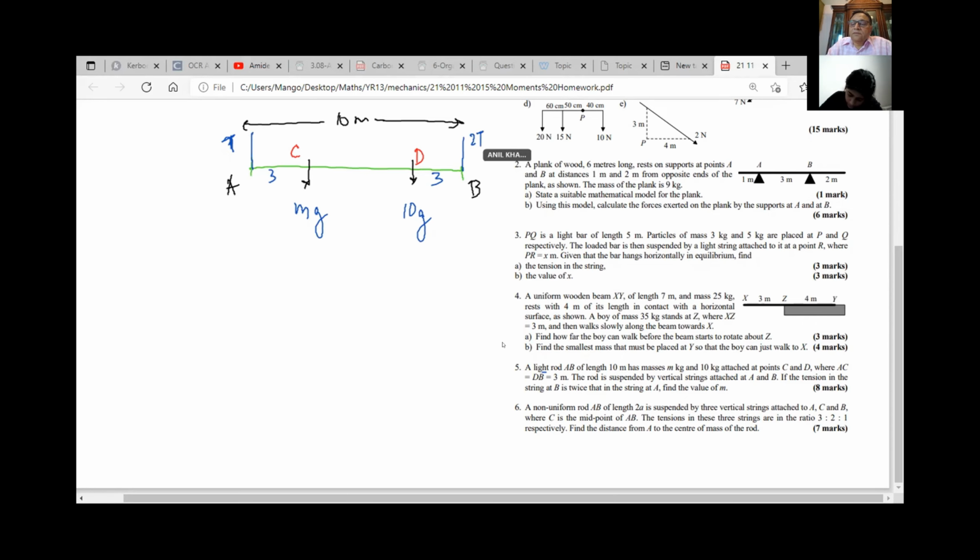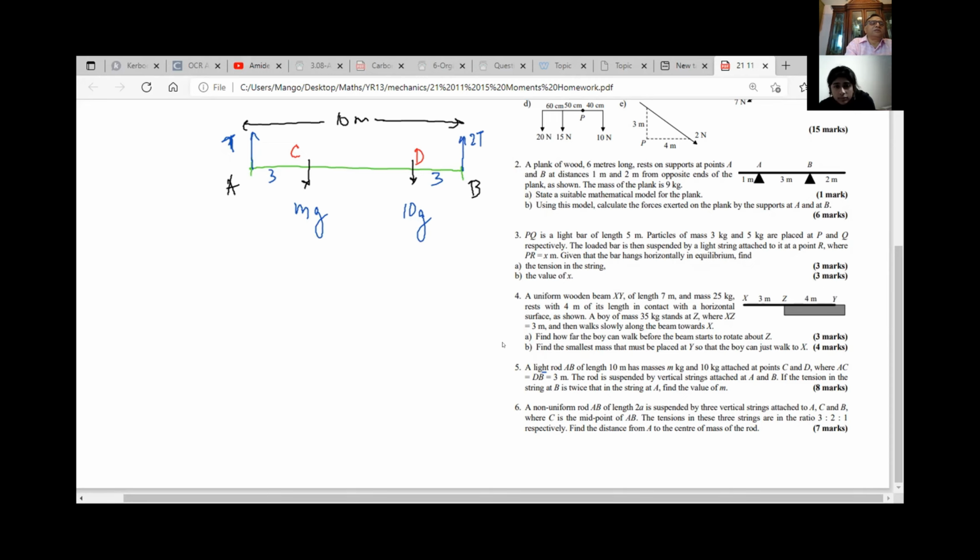If the tension in the string at B is twice that in the string at A, so T and 2T, we'll write this as tension T and 2T. Find the value of M. Now it's clear, right? So we know the upward forces are T and 2T, and the downward forces are Mg and 10g. Do they equal each other? Now it's an equilibrium, right?